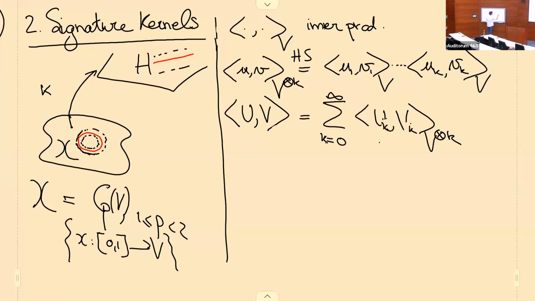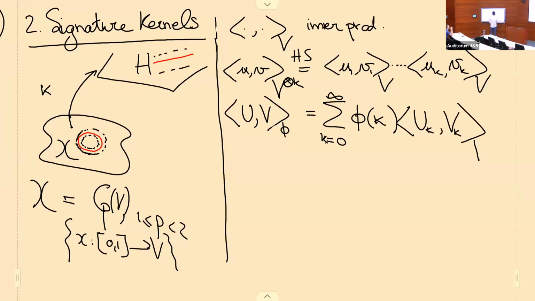And now there is a more general class, which is by no means the only choice, but I think it's an interesting class of inner products, called weighted inner products. They're weighted by a function phi that acts like this: phi of k times the inner product of U_k and V_k. Oh God, V is used too many times, sorry about this.